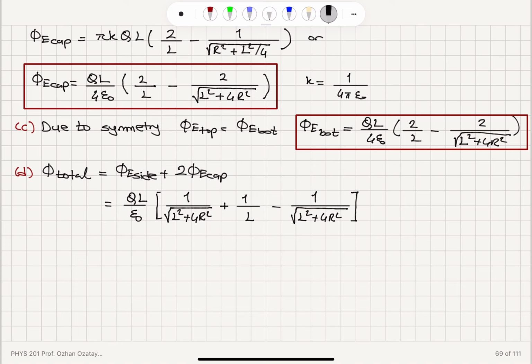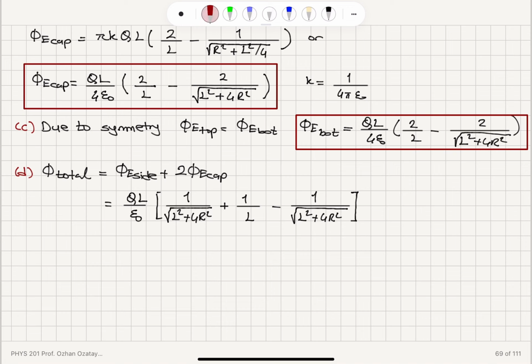This is what I obtain when I multiply it by 2. So there's a factor of 2 here. There's a 2 here, so that cancels this 4. So I have QL over epsilon 0. This comes from the side flux, and this comes from the top and bottom caps.